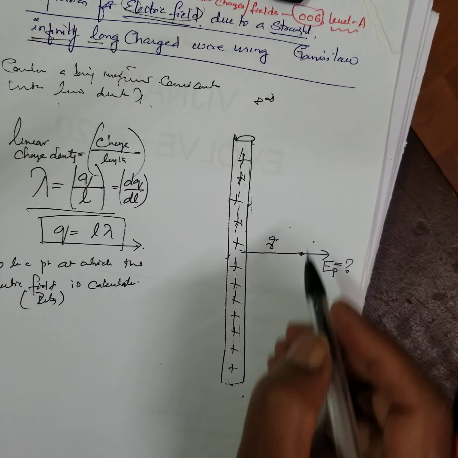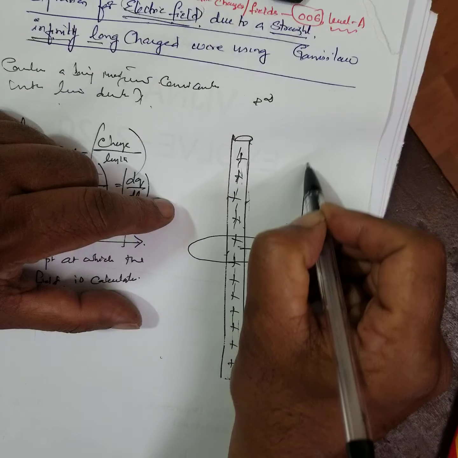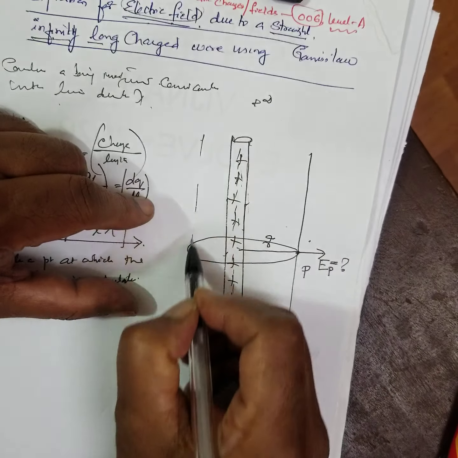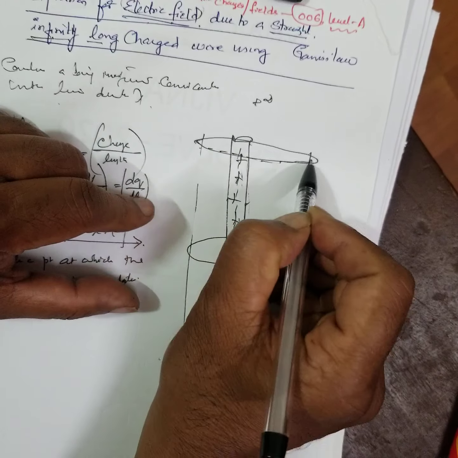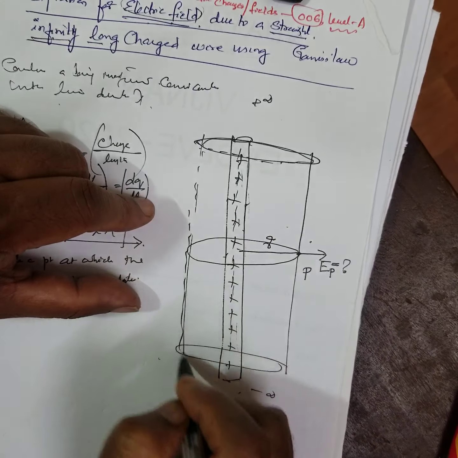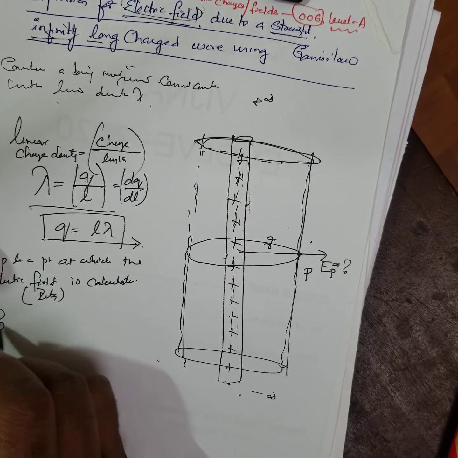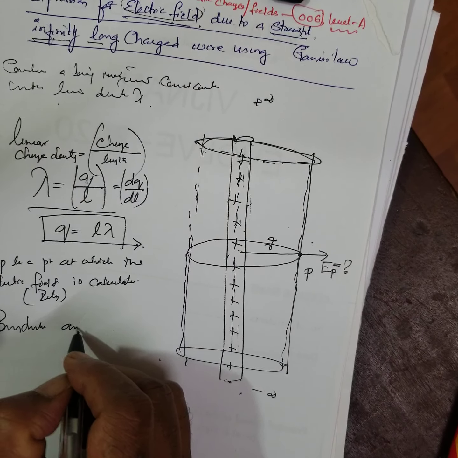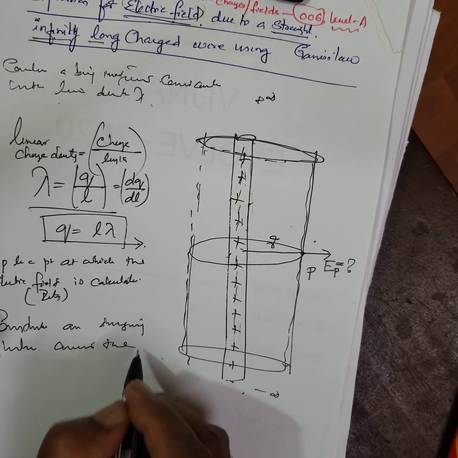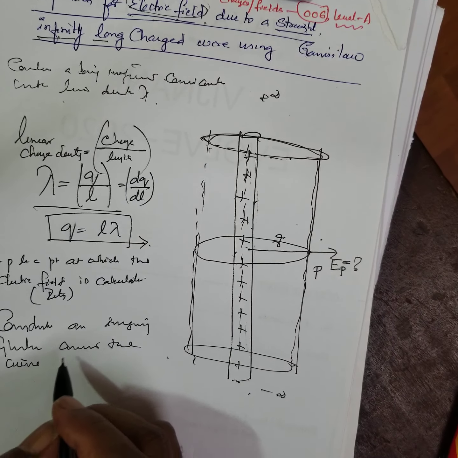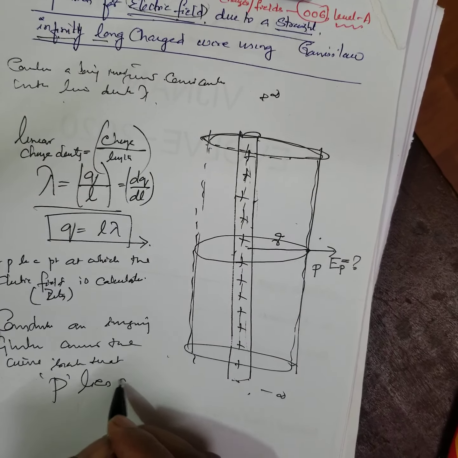For this, construct an imaginary cylinder around the wire. I'll put a dotted line. Construct an imaginary cylinder around the long wire such that P lies on its surface.